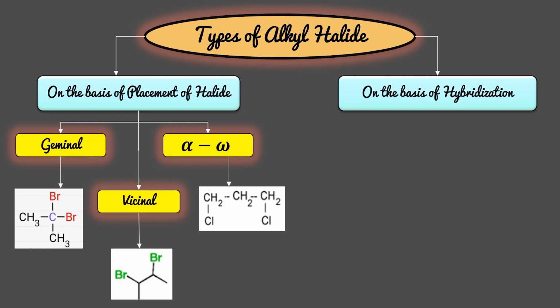And then on the basis of hybridization, we know very well that carbon can show only sp3, sp2 and sp hybridization, isn't it?